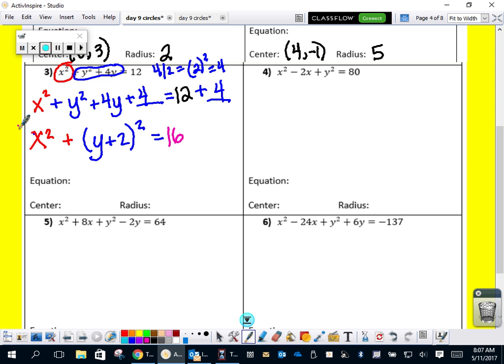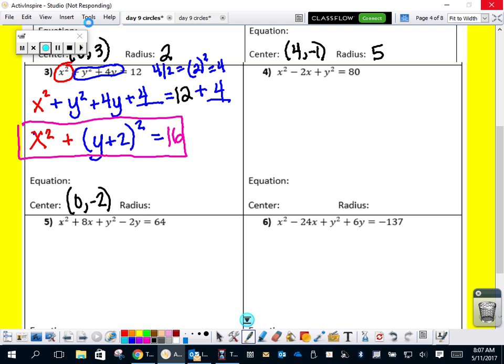So here's my equation. What is my center? And my radius is 4 or 16.